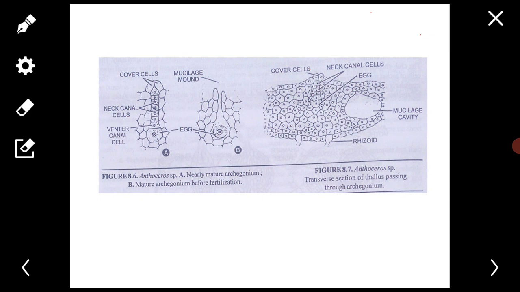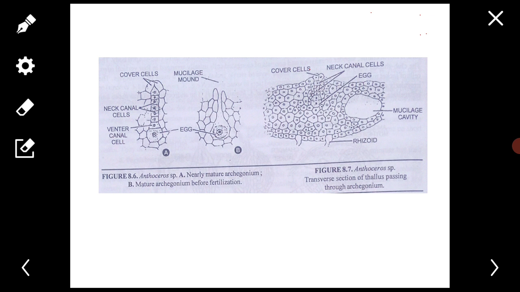In the plants of the Anthoceros, we have already studied the occurrence, vegetative structures including the external features, internal structure, reproduction, and in case of the reproduction, we have studied the vegetative reproductions, and in case of the sexual reproduction, up to the antheridia.